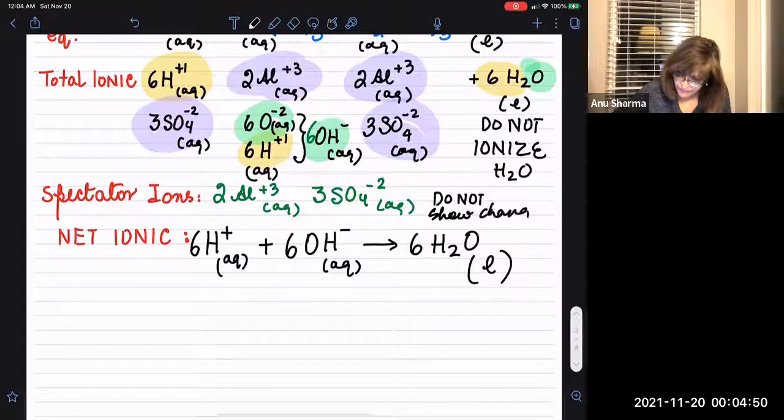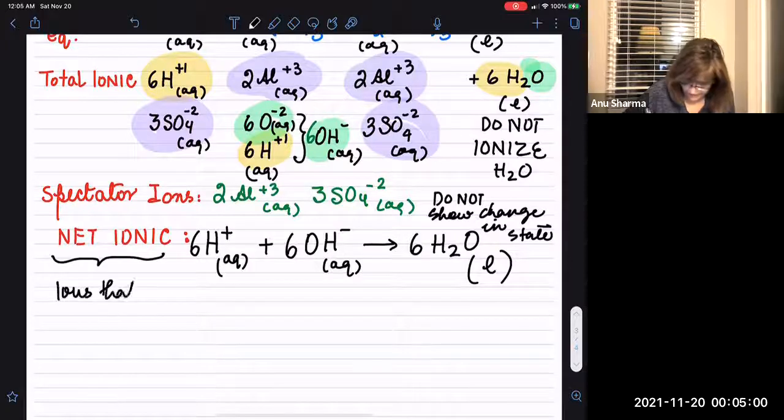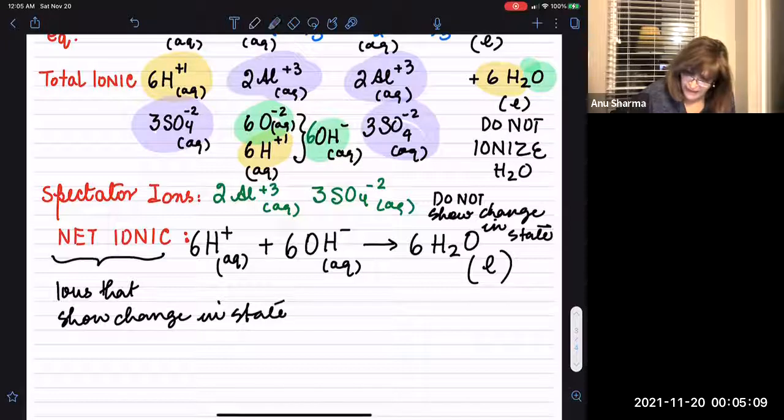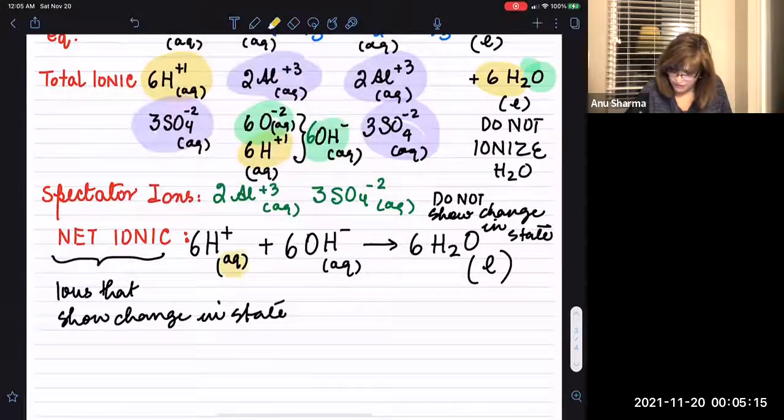Okay, so spectator ions are the ones that do not show change in state. And the net ionic is all those ions that show change in state. So you've seen that going from the aqueous medium to a liquid.